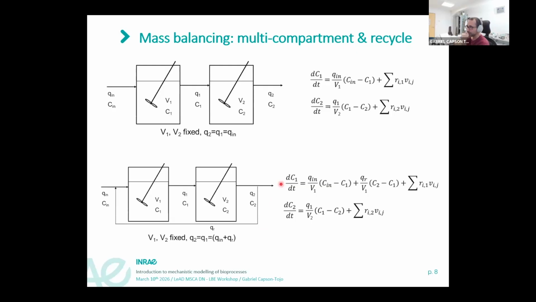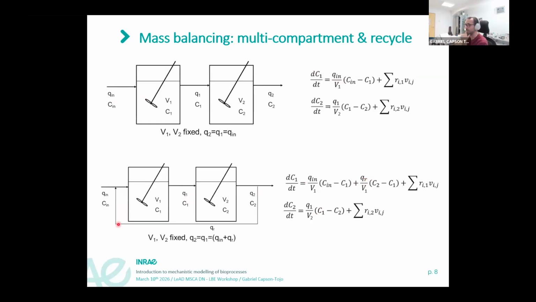Well, in the case of the first reactor, we're going to do exactly the same thing that we have here, but because we have a recirculation, we have two different flow rates to consider. So the first term that you have here is basically the same one that you have in the effluent in the previous example, but you need to add this recirculation to the influent term.